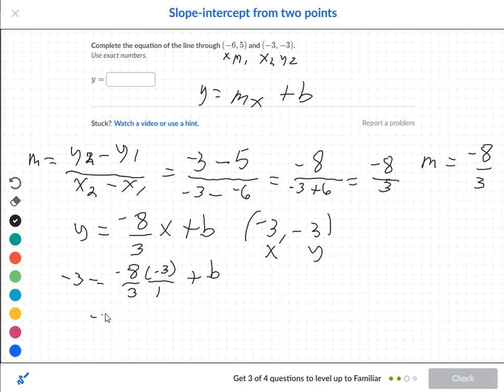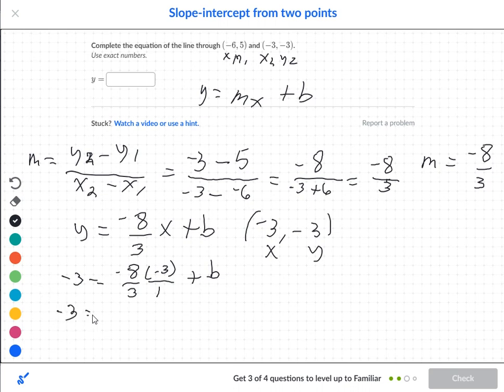So now I'm going to get negative 3 is equal to, and let me go ahead and write this over to the left. So to write this over to the left now, we're going to have the following here.